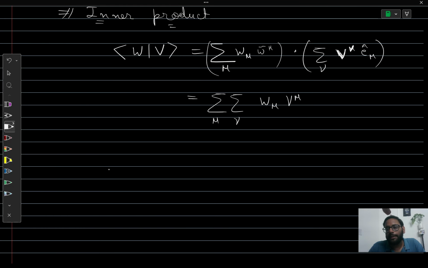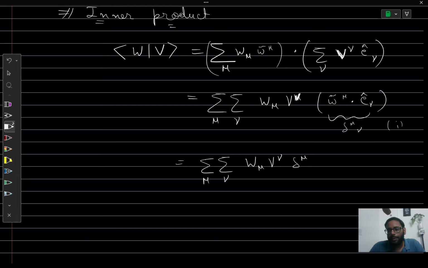So yes, let's write it. So this is nu, and this is also nu. Now take the dot product of it. And you know from this first condition, from the orthogonality condition, this is delta mu nu. So there is a summation, you have this component and this vector component, and there is a delta mu nu.